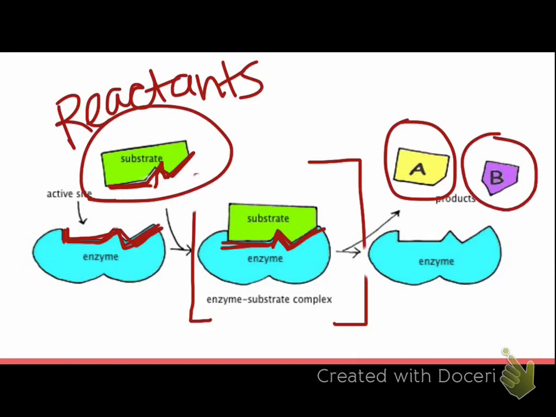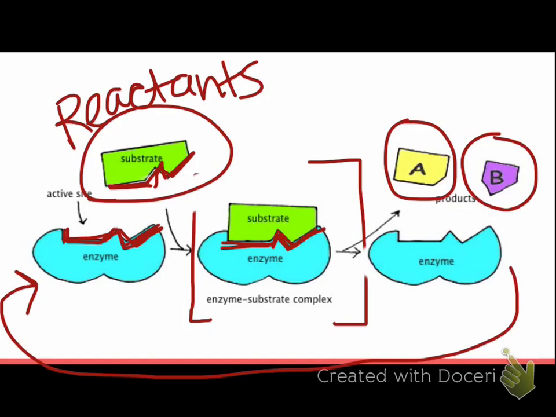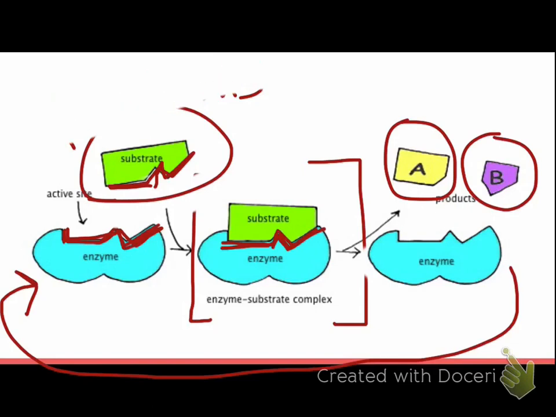So another thing to keep in mind is that the shape of the enzyme is not going to change after it releases it. So what's going to happen is now this process is going to be repeated. So the enzyme is now going to get used again. So now this whole process can occur again and again and again.